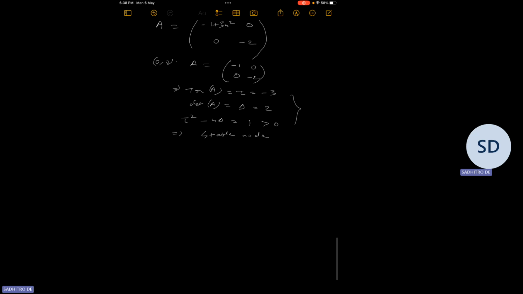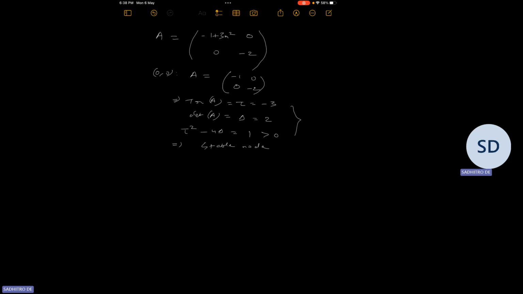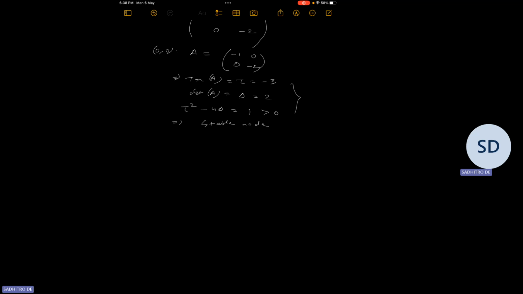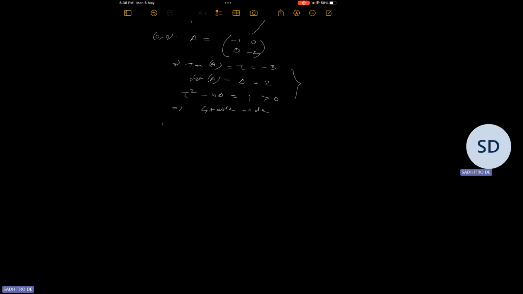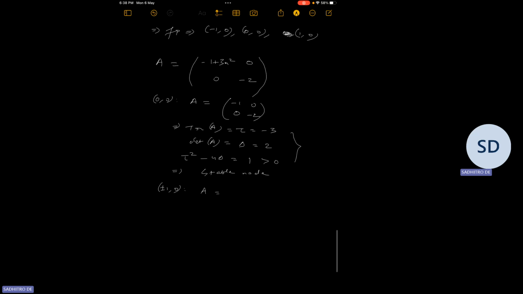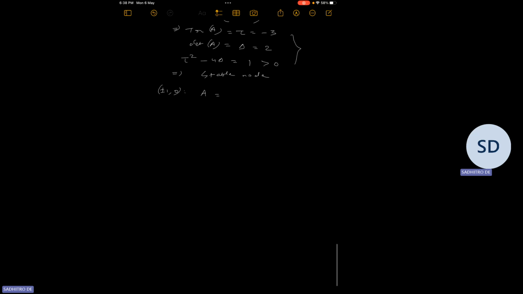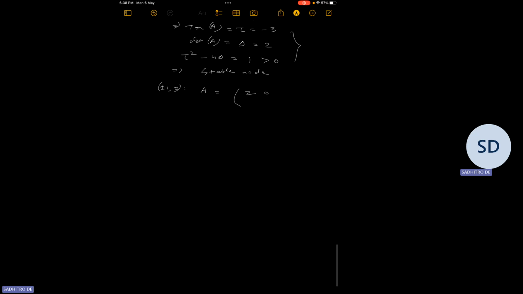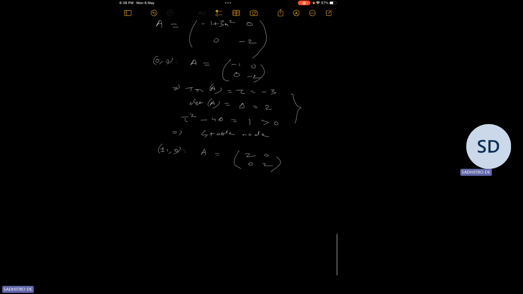Similarly, if you look at the plus 1 and minus 1 points, both have the same matrix. So at plus minus 1, 0, the matrix A is given by 2, 0, 0, minus 2.